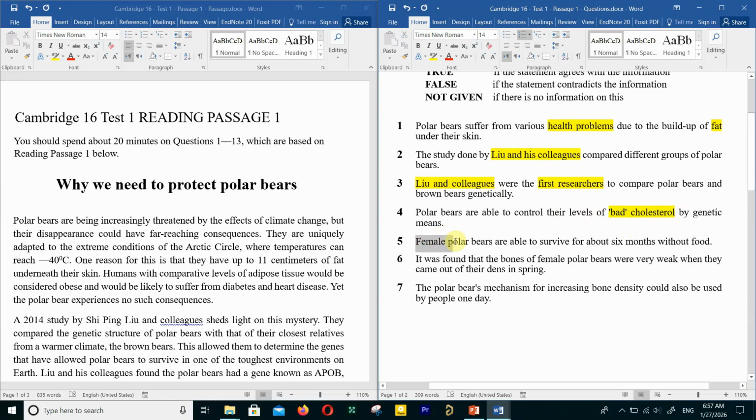Female polar bears are able to survive for about 6 months without food. It was found that the bones of female polar bears were very weak when they came out of their dens in spring. The polar bear's mechanism for increasing bone density could also be used by people one day.